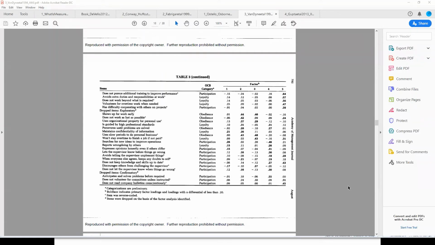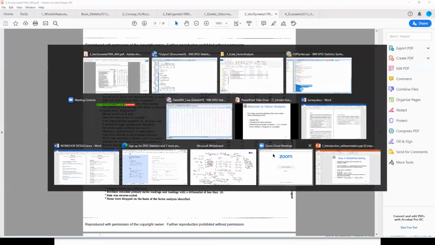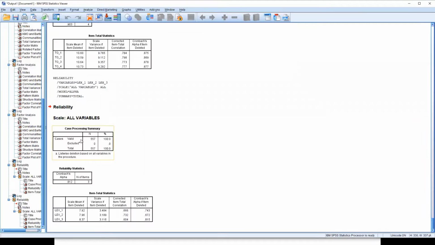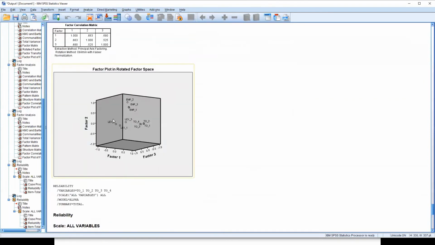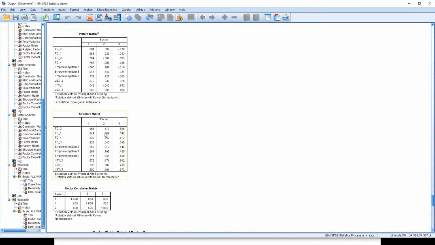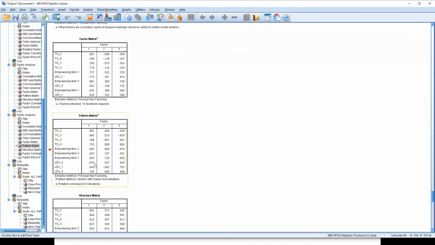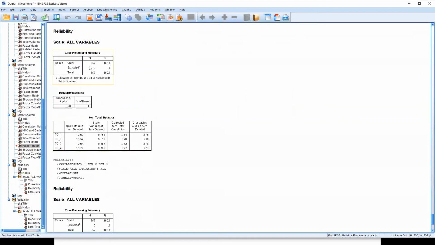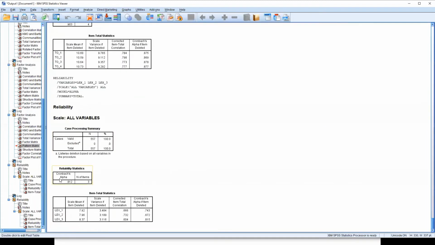When you drop items with cross loadings, yes, as I mentioned, after you get a clear factor structure, after you ensure that this is the pattern matrix, this is the factor structure that I am going to follow, then you will do your reliability testing for individual dimensions which you have retained, and report that in your paper.